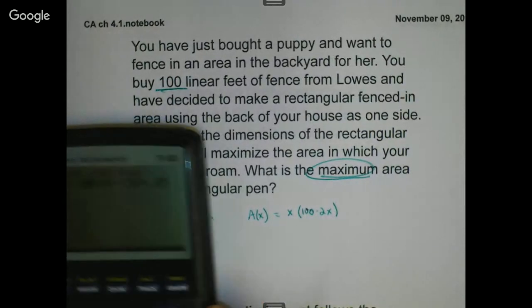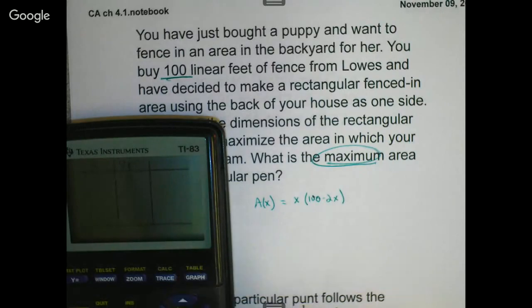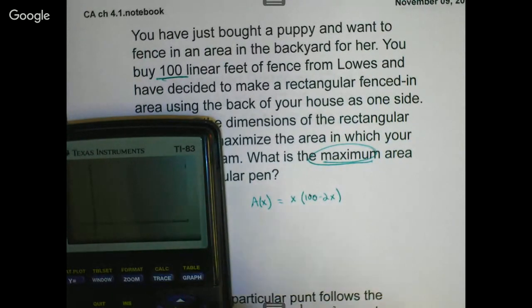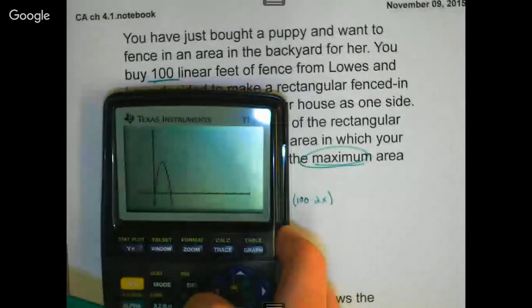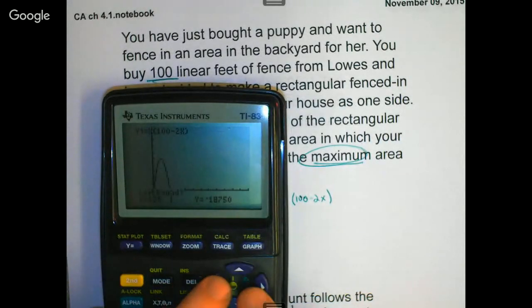So if I graph that, there's my parabola right there. Now we're going to find the maximum, so go to the left, go to the right.